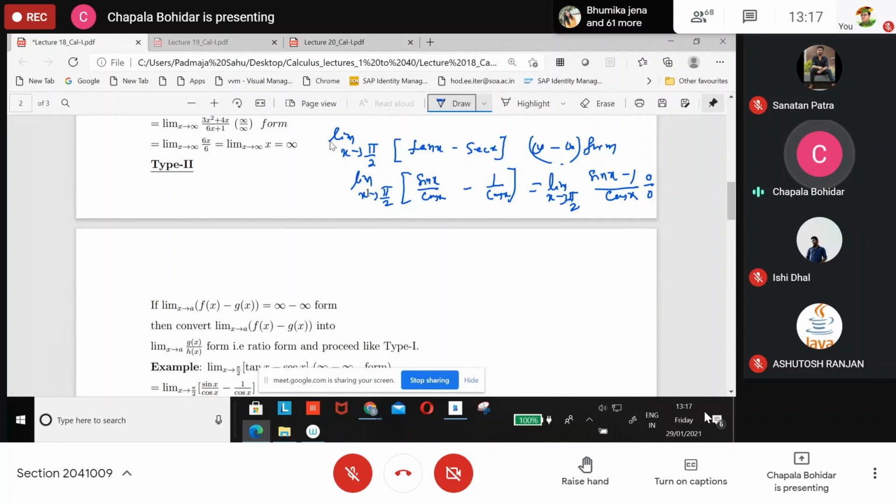So it is your 0 by 0 form. Then what will you do here? Differentiate, apply your L'Hospital rule. I'm writing here like this. So what do you get? Limit x tends to pi by 2, derivative of sin x minus 1 is cos x divided by minus sin x.